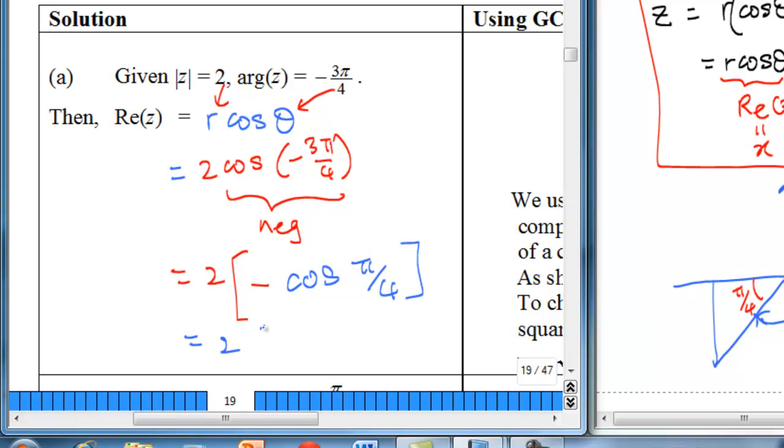And this should give us negative 1 over square root 2. And it will simplify to negative root 2.